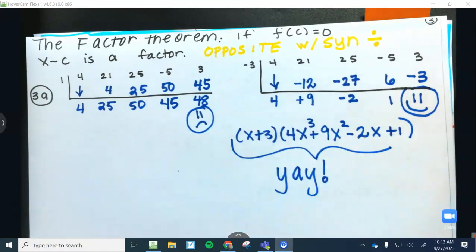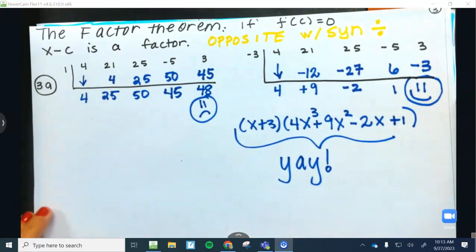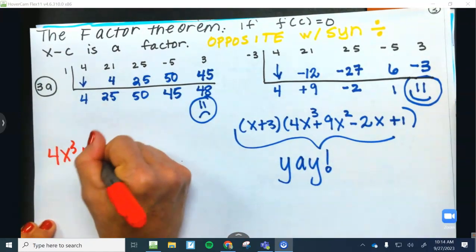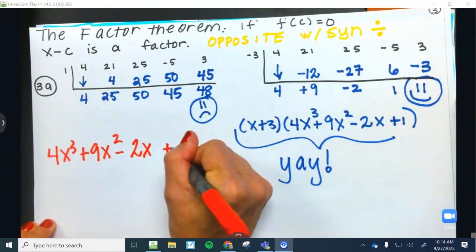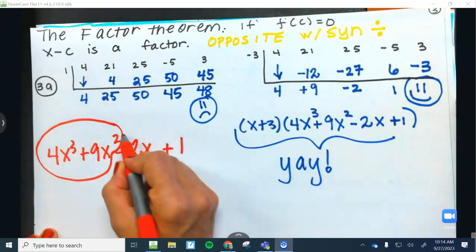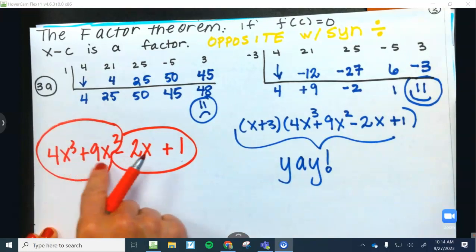My answer had 4 terms. The only way I can try to factor is by grouping. Let me write my answer over here. It doesn't factor, guys, but I just want you to check. So I'm going to do 2 groups. What can I take out of this first group?